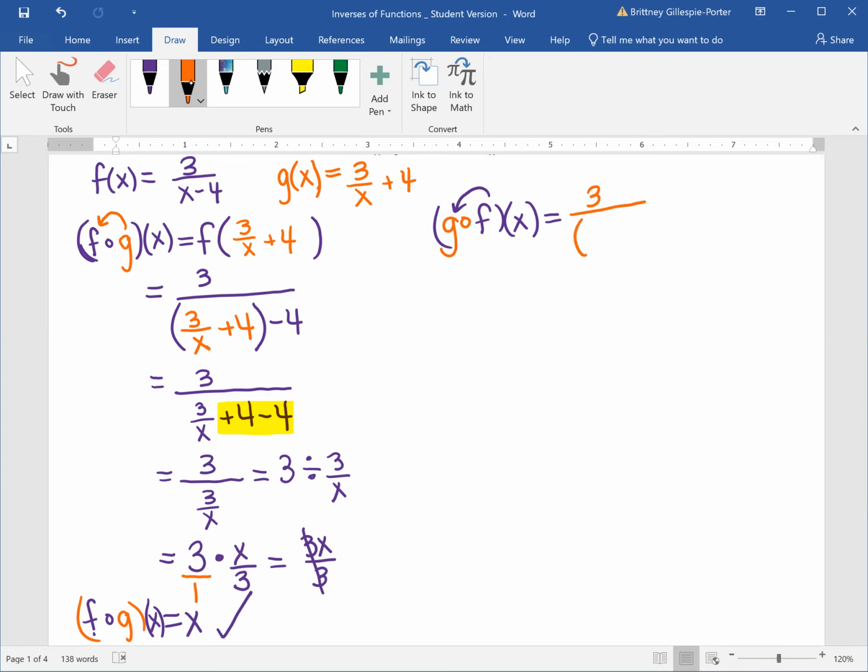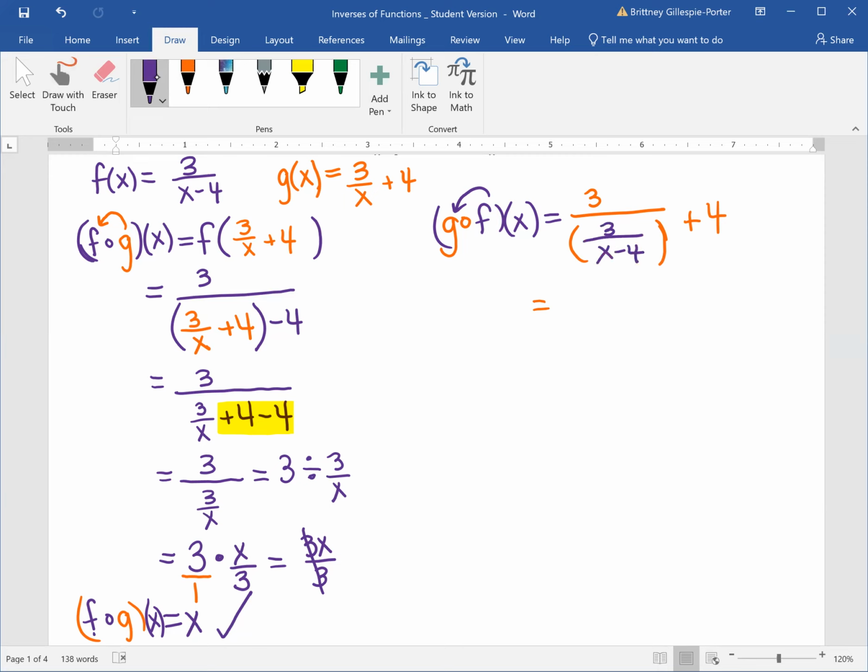We have 3 over x. So I'm going to put a giant parenthesis. And then we have plus 4. But instead of having x in the bottom, we're going to plug in our f function, which is 3 over x minus 4.